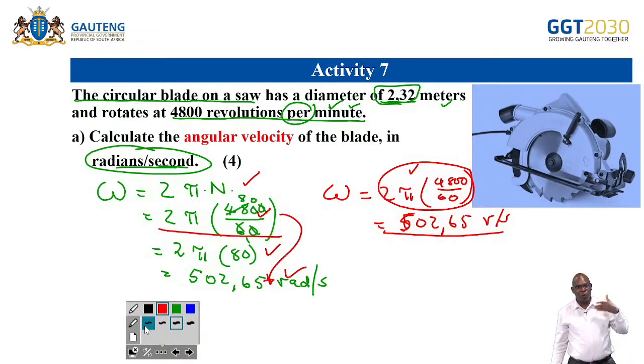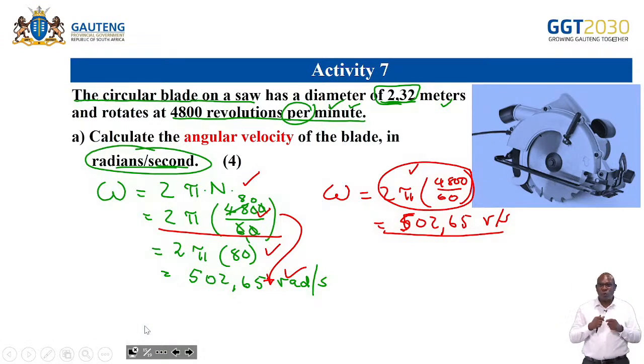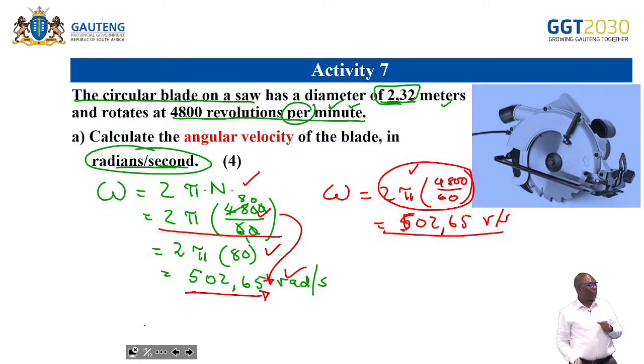But we want you to practice writing down the formula so that you understand which formula is for what. Then you substitute correctly, use your calculator correctly, and get to your final answer of 502.65. So that is your angular velocity of the blade.